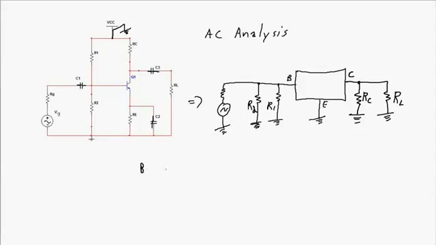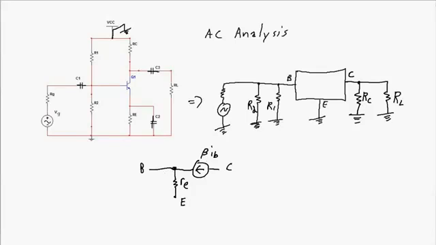I've got a base, and going down to the emitter, I have what I call the little RE connected to the emitter, and then over here at the collector, I have a current source, and that current source is equal to beta times little IB.